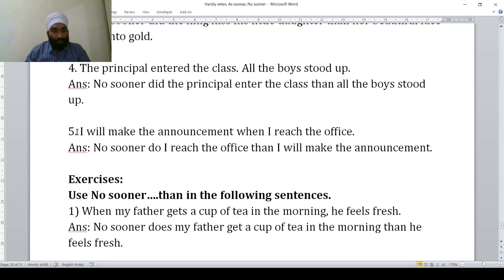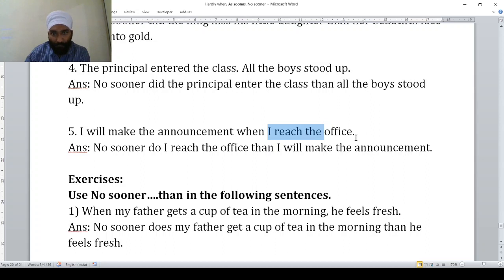Fifth example: I will make the announcement when I reach the office. In this sentence two clauses are there, but the tenses are simple future tense and simple present tense.